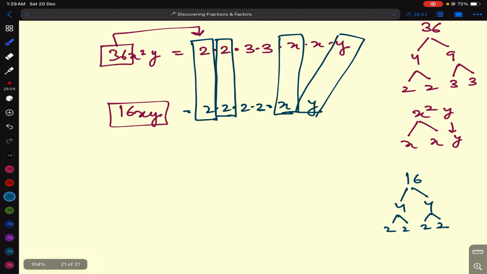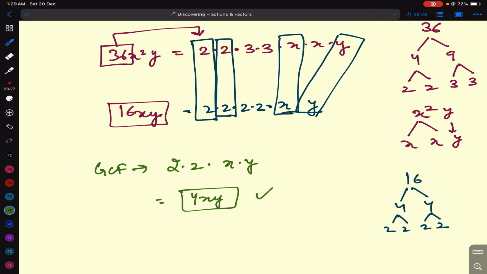So what are the common factors? 2 times, so GCF here is 2 times x times y, which is 4xy. Clear? So this is how we find the GCF when you have both numbers as well as variables.